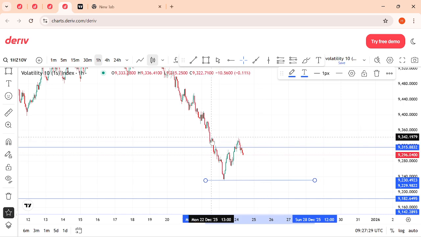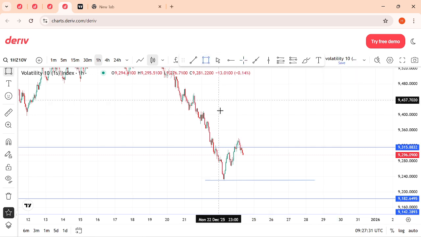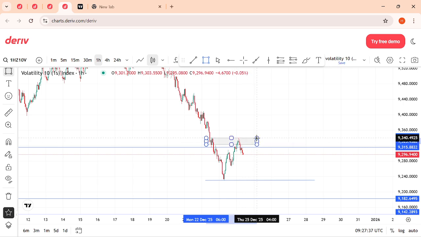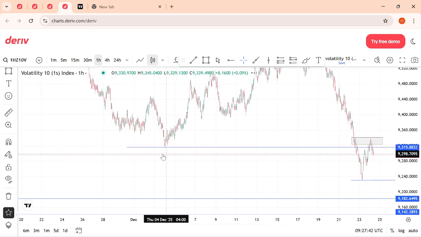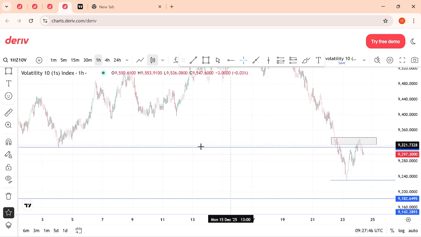We also have this level of resistance, which some persons might call another block, in alignment with this point, which was a support that turned into resistance.